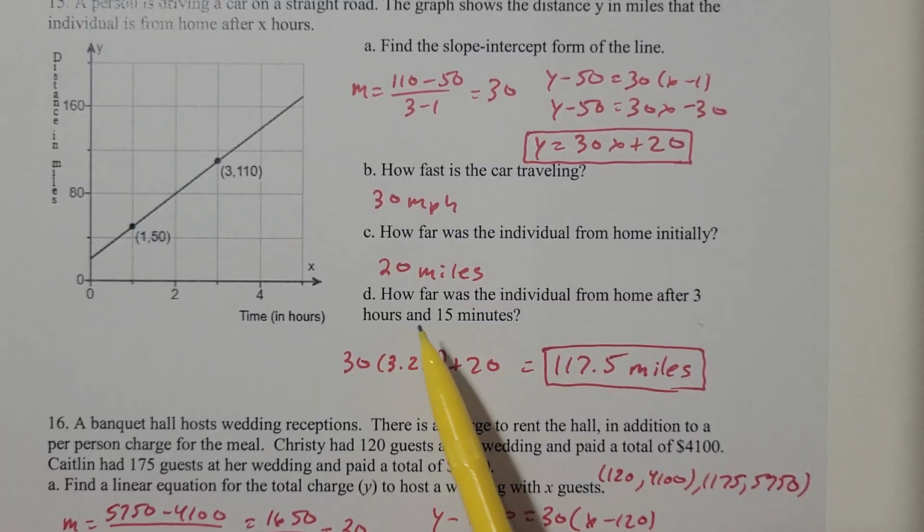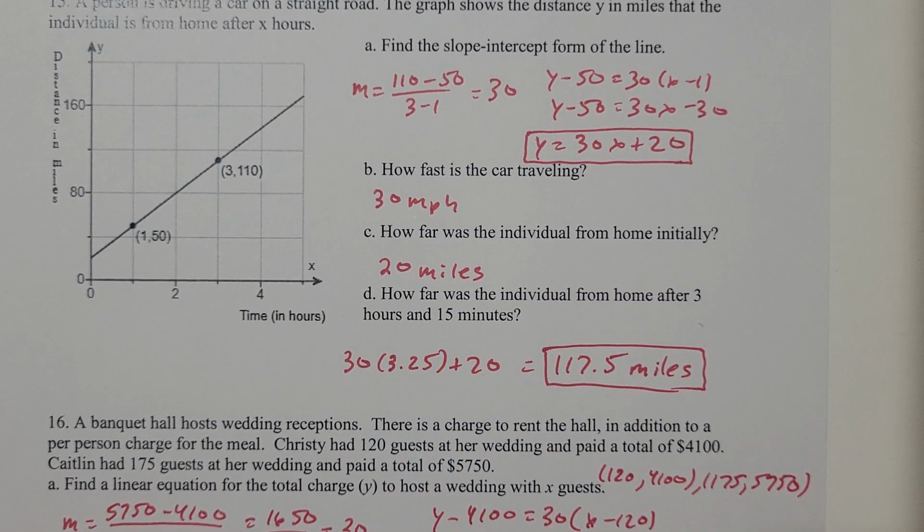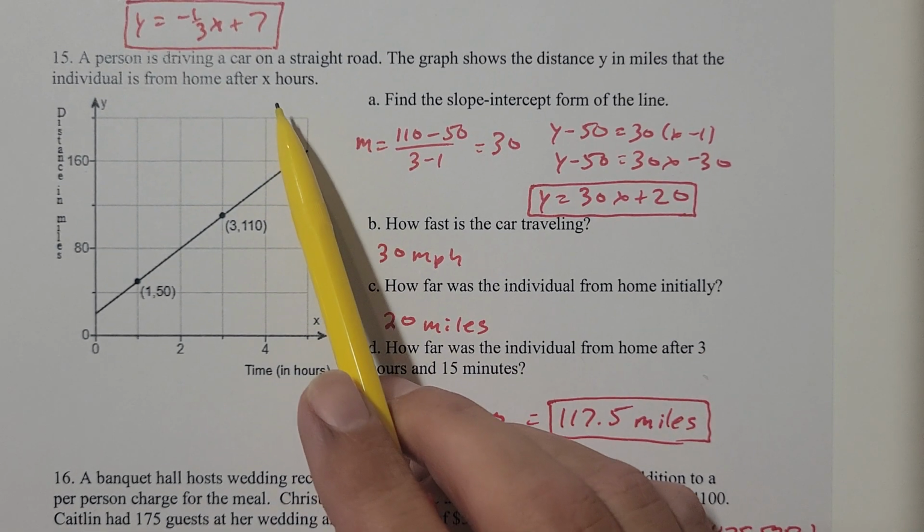In part D, it says, how far was the individual from home after 3 hours and 15 minutes? Okay, so 3 hours and 15 minutes, that's a fourth of an hour. x is the number of hours, right?